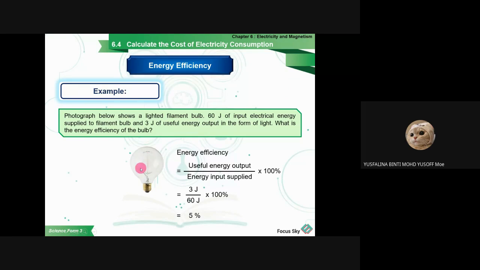So 57 joule is released as heat. There is a lot of loss of energy here. Even though we supply 60 joule, we only get 3 joule, so this is a very low energy efficiency, only 5%. The rest of the energy output is wasted in the form of heat released to the surroundings.